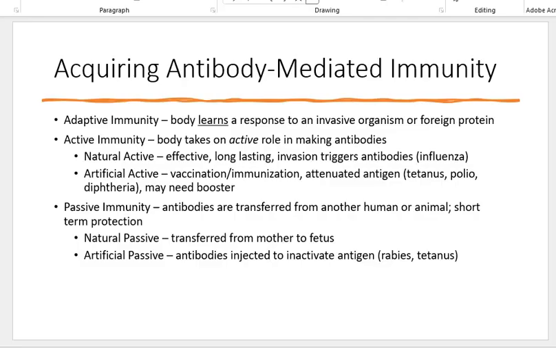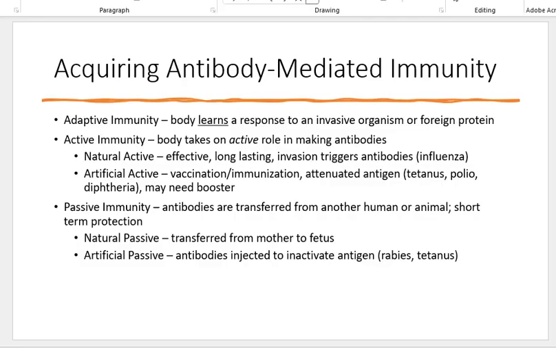Active is the body takes an active role in making the antibodies. You have natural active immunity. This is where the antigen enters the body naturally without human assistance, often causing disease on first exposure. It's most effective and long-lasting.